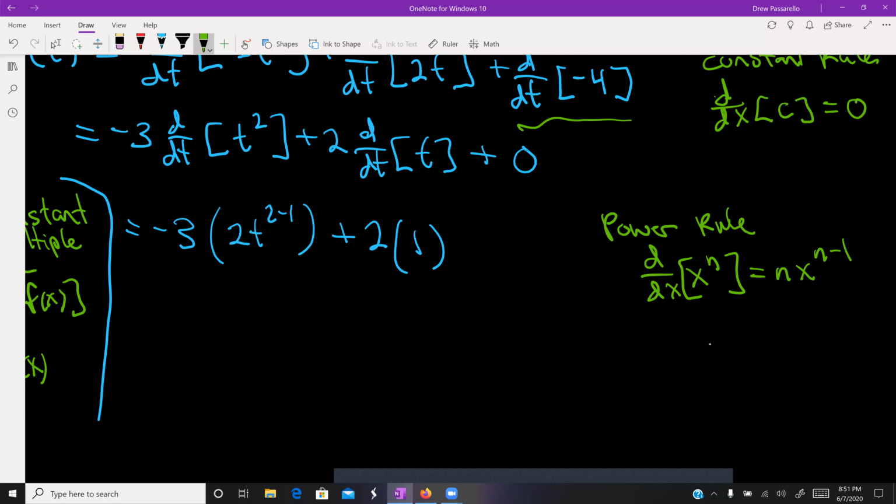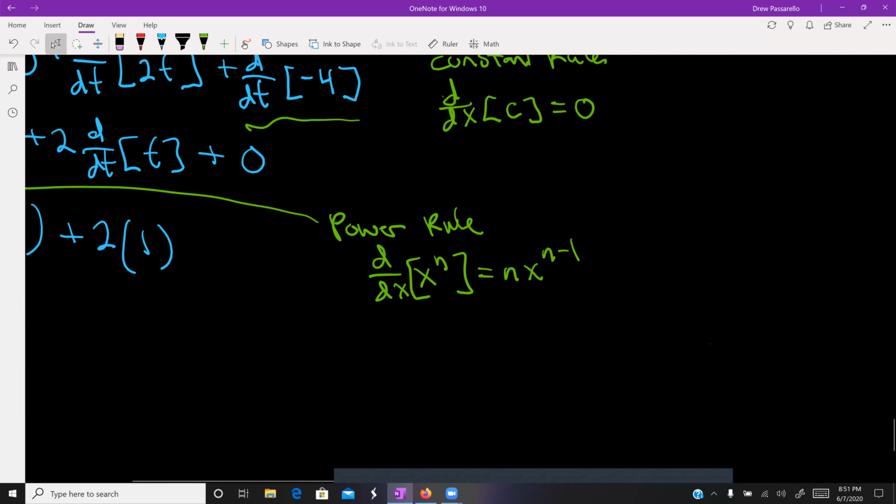All right, that's what I used for the t squared. And then I used the special case of the power rule for where it's just t.